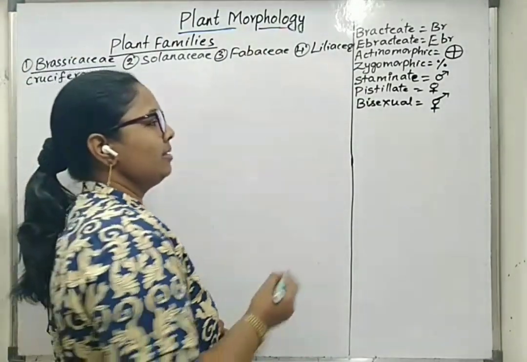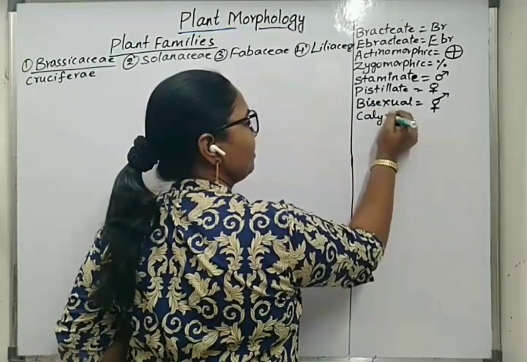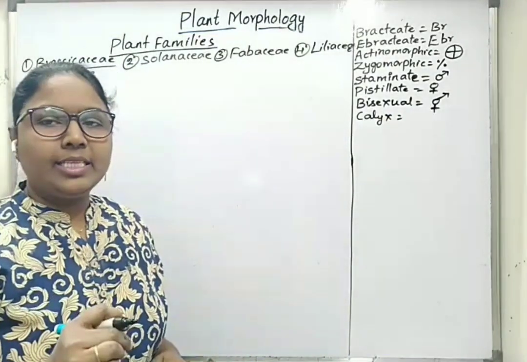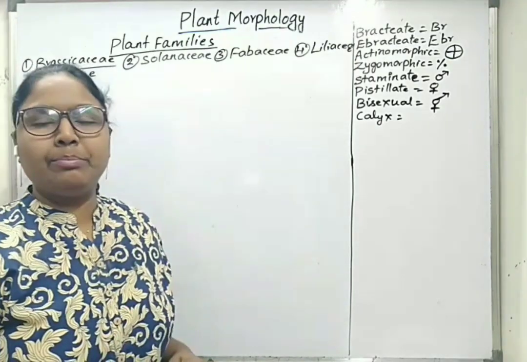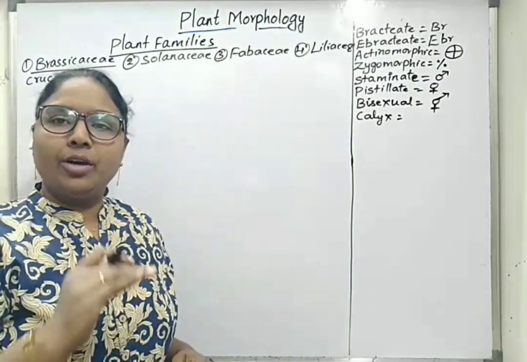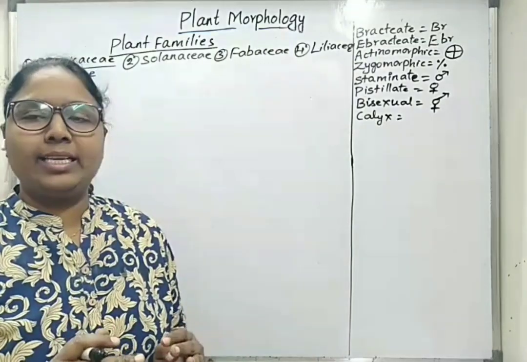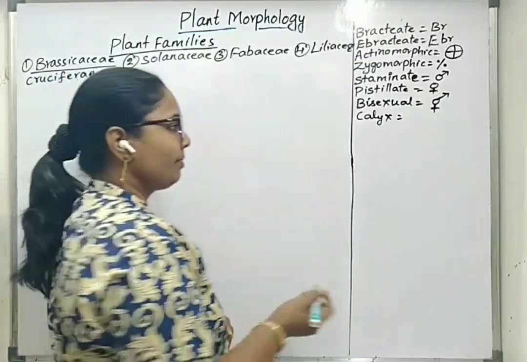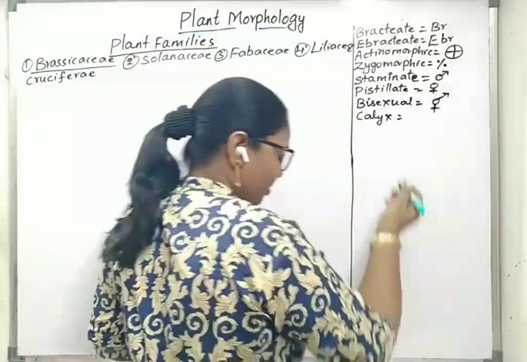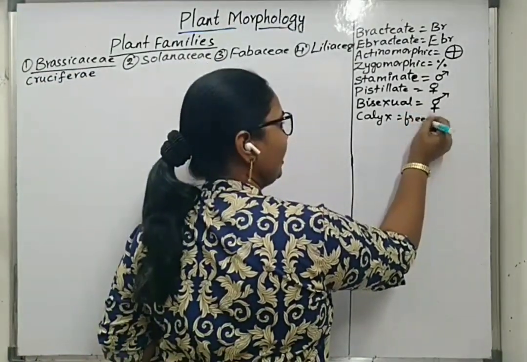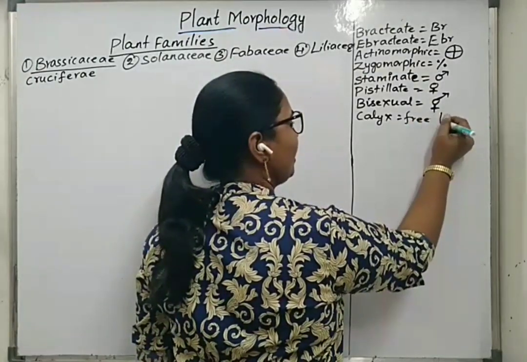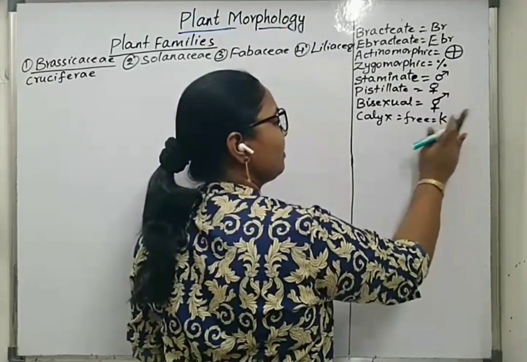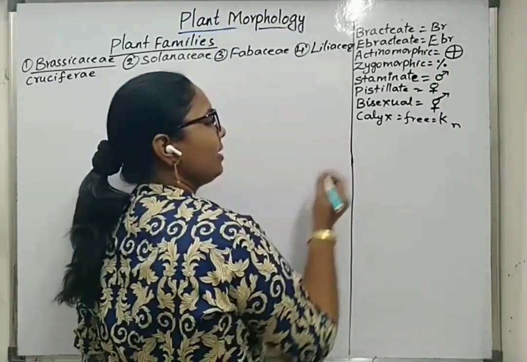If the flower is having calyx, it is represented in two forms. If calyx is present and free, we write K and the number of sepals; this number N represents the number of sepals in a calyx.